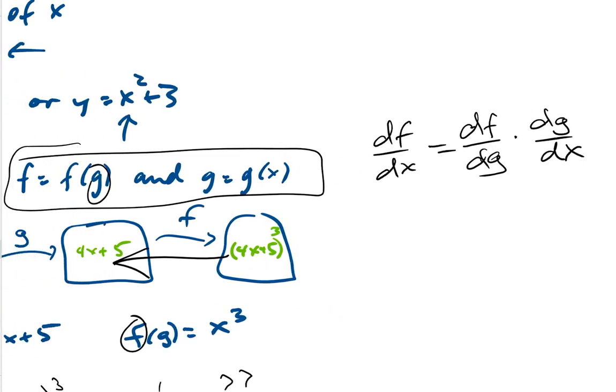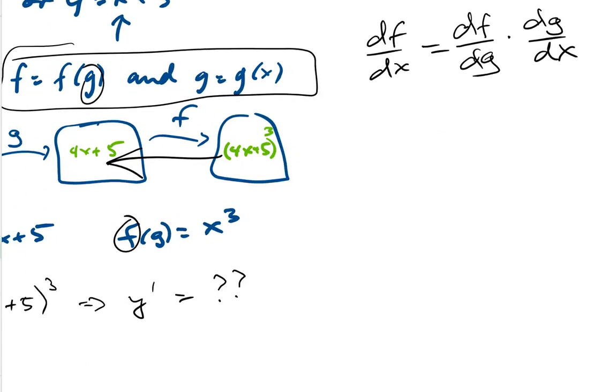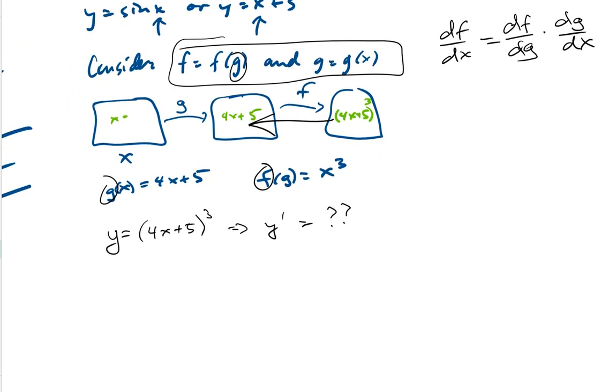So let's look at a problem. Let's look at that problem that was down there. F of g is g cubed, and then g of x is 4x plus 5.